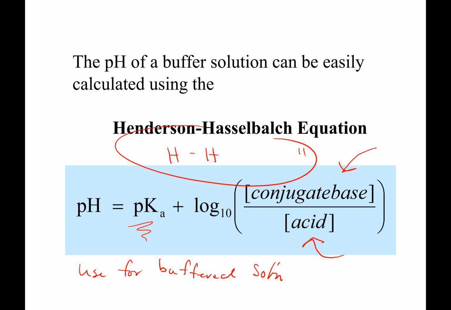You have to be careful that this base and this acid are conjugate acid-base pairs. That's why it was so important for your Part 6 homework that you're handing in. You need to be able to recognize, oh, that's a conjugate acid-base pair floating around down there.